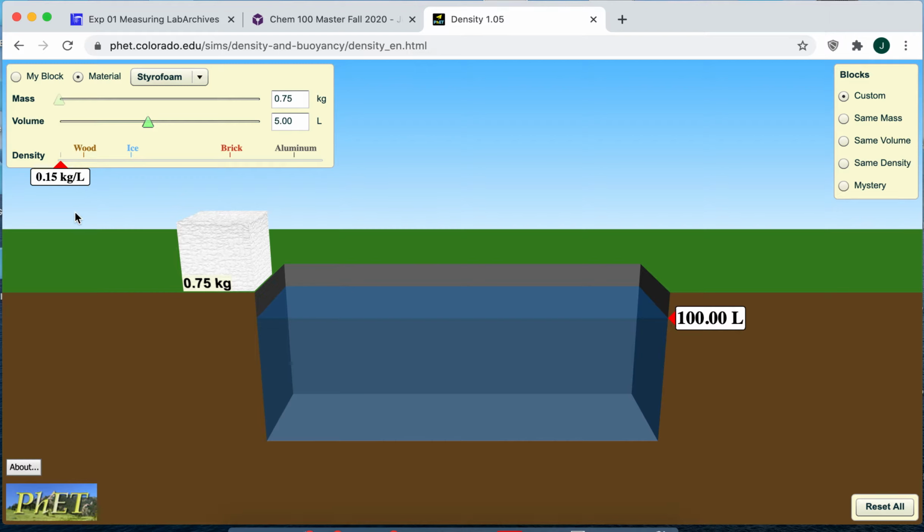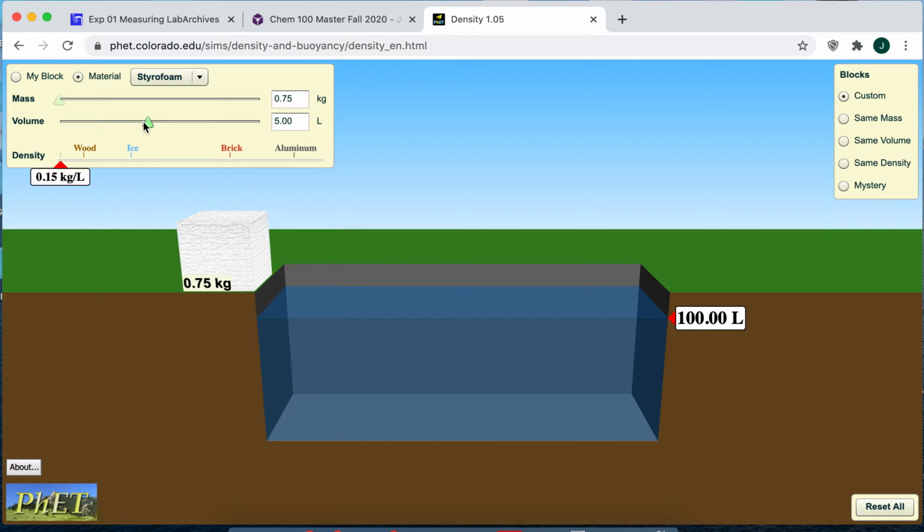So remember, density is the measurement of mass over volume. So the units of density will include 2 different units: a unit of mass over a unit of volume. So density is always kilogram per liter or gram per milliliter. Kilogram is one of the units of mass, and liter is the basic unit of volume.